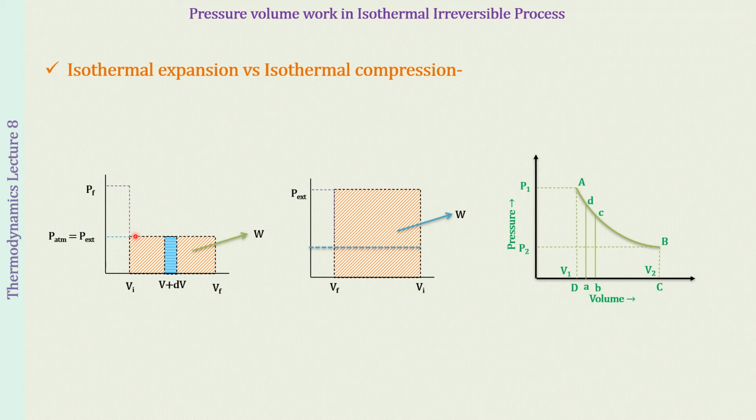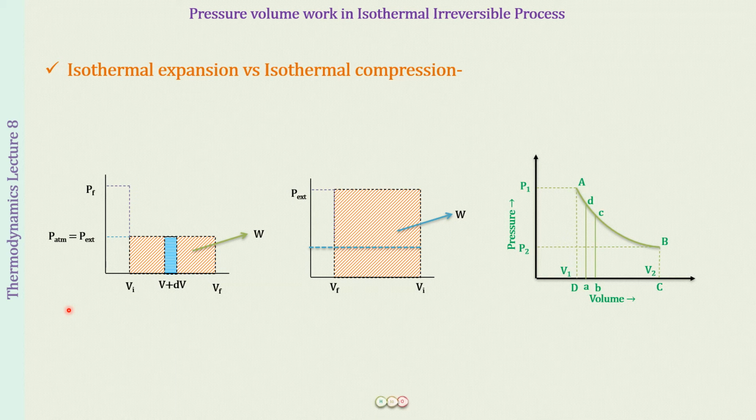You find that work done is not going to be the same for an irreversible process when expansion and compression are taking place. Whereas if we talk about the reversible process, work done is going to be the same in expansion as well as compression. The only difference was the negative sign, which denotes whether work is done on the system or by the system.